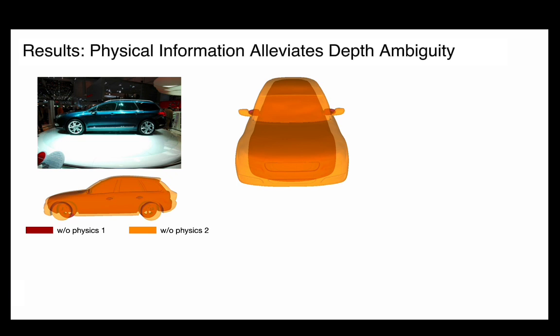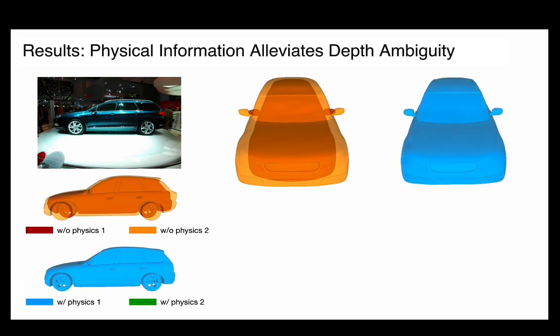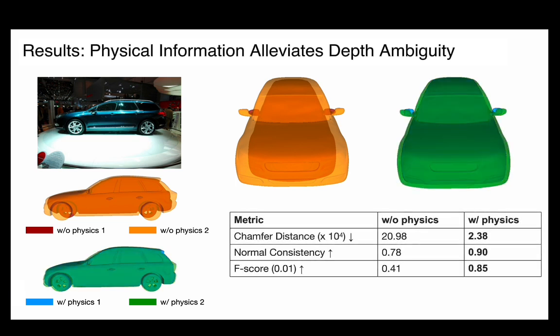When our physics-guided generation is applied, enforcing an approximate target drag coefficient and directional aerodynamic constraints, the resulting shapes, blue and green, converge to consistent and physically plausible geometries. Quantitative comparisons show substantial improvements, demonstrating that incorporating physical information effectively stabilizes 3D shape prediction from ambiguous visual cues.